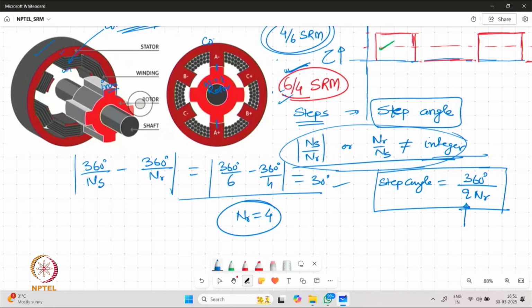So I can mark this, which is what is written as A minus and A plus. Now, if we consider that the rotor is rotating in the counterclockwise direction, we find that the next set of coils which is going to be aligned is given by C and C minus.